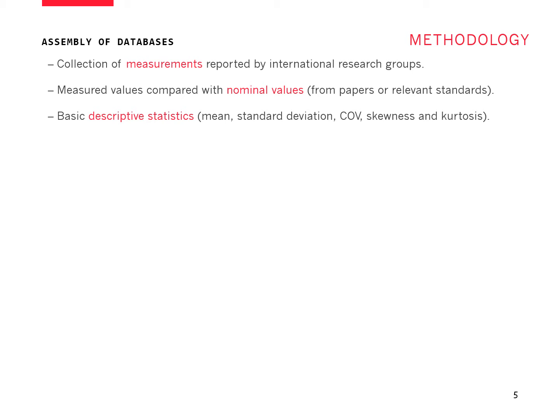The methodology that we have adopted for this study is summarized in this slide. First, we assembled the different databases. For this, we collected measurements reported in the literature by international research groups, which were then compared with the corresponding nominal values using the information in the papers or in relevant standards, and the basic descriptive statistics were calculated.